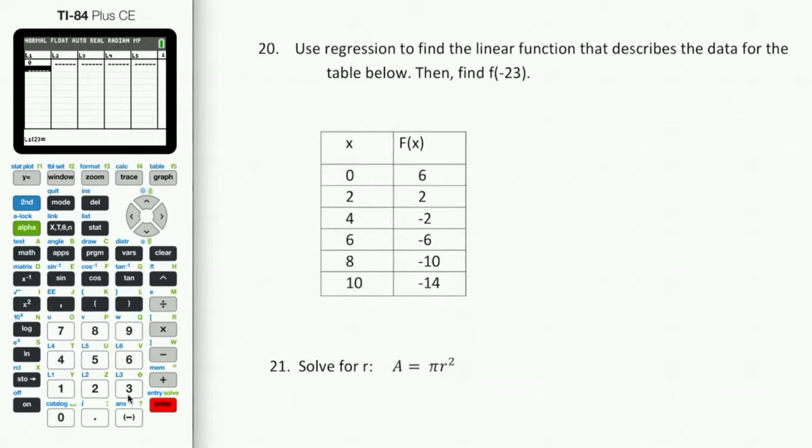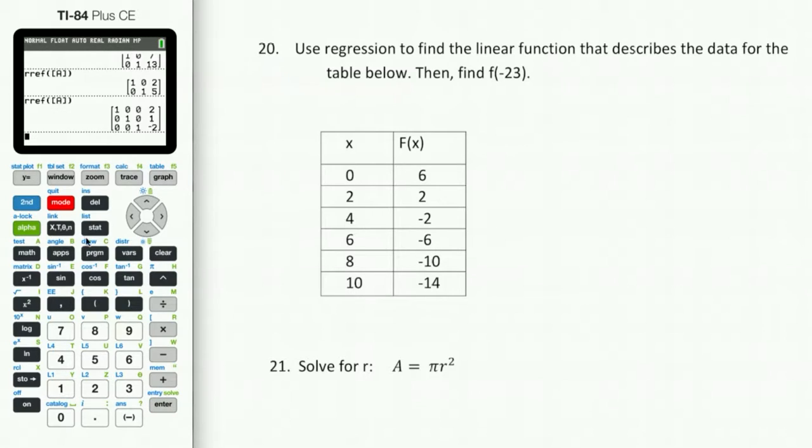So we have 0, 2, 4, 6, 8, 10. And then in our second column, we're going to go over and put in our y values. So 6, 2, -2, -6, -10, and -14.